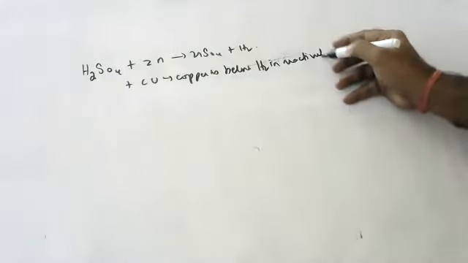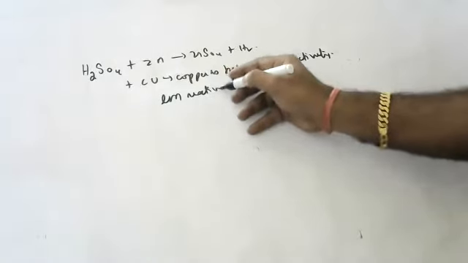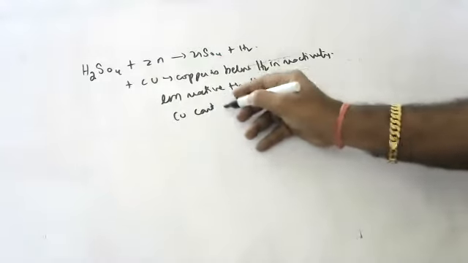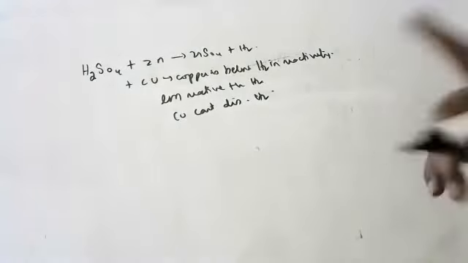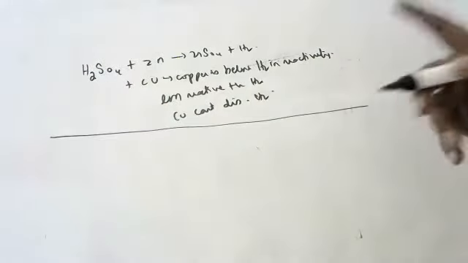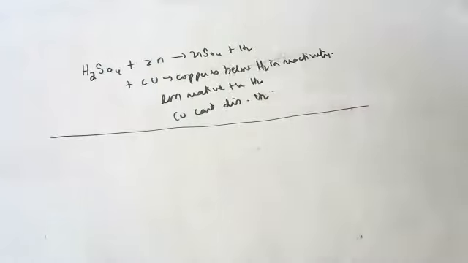When it is less reactive than hydrogen, copper can't displace hydrogen gas. Less reactive metals cannot displace more reactive ones, so copper cannot displace hydrogen from any of the acids.